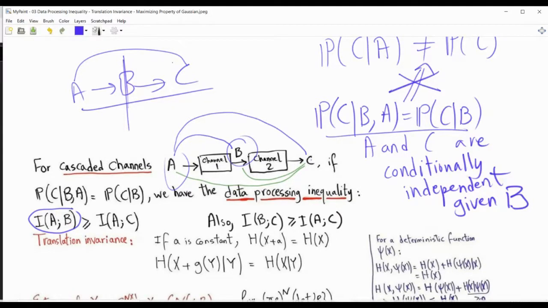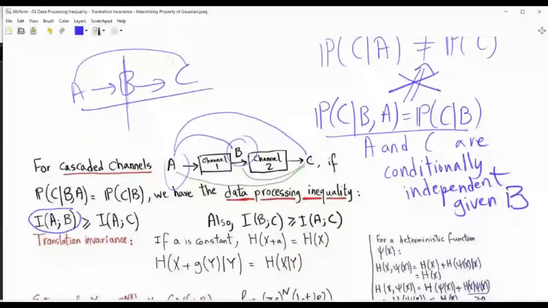Here we are talking about things in terms of time, but the definition is generally valid for any even abstract random variables. So A gives B, B gives C, because B is A processed by channel 1, C is B processed by channel 2. But if you have this property that C and A are independent given B, that's exactly the Markovian property.